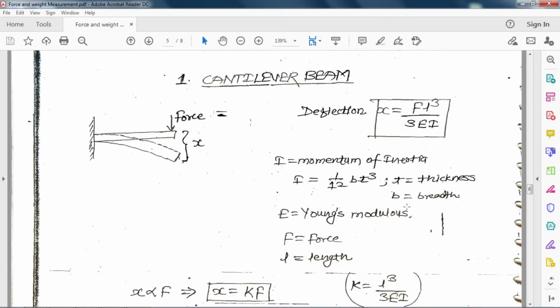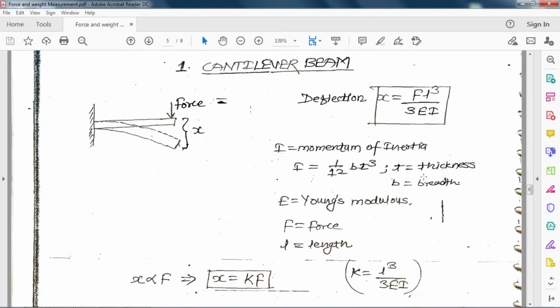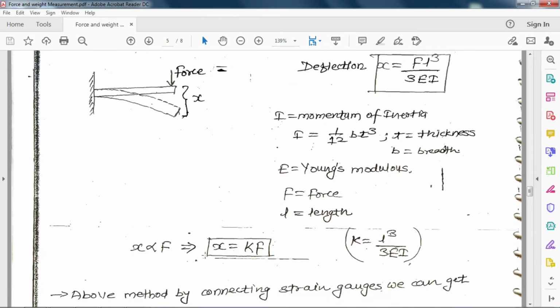Here I is the moment of inertia, which depends on the cantilever. T is the thickness of the cantilever and B is the breadth. Finally, our deflection is directly proportional to force F, and x is equal to KF.